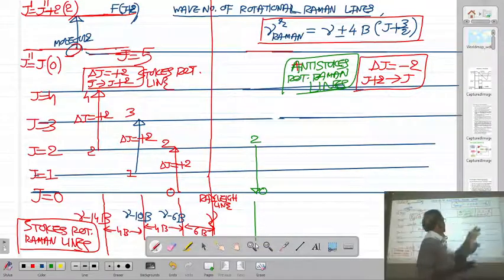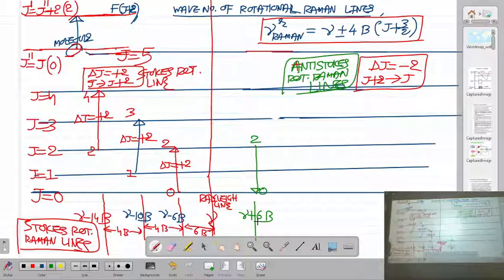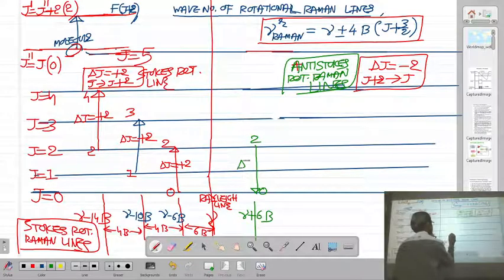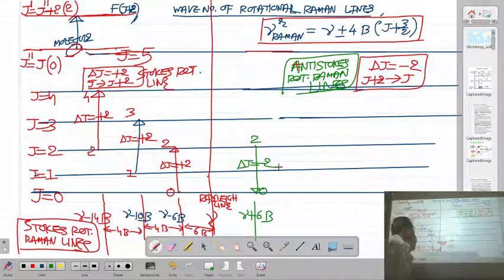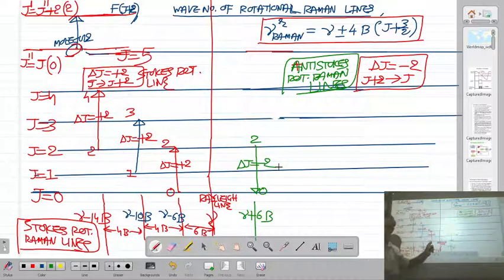If you put J equal to 0 here, the wave number of this anti-Stokes Raman line will be nu plus 6b. When the molecule makes a transition from rotational level 0 to 2, delta J is plus 2, you get the first Stokes rotational Raman line.